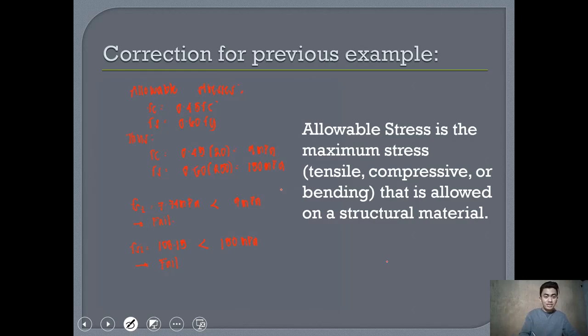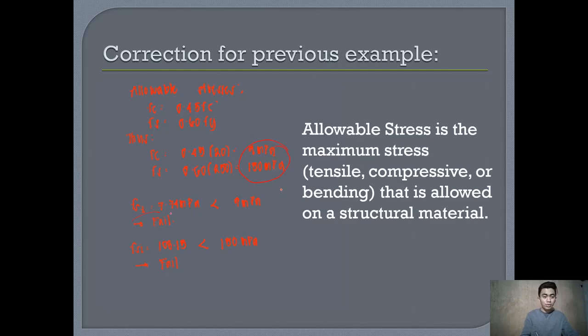Our allowable stresses are, for your concrete, FC, 9 MPa, and for steel, FS, 150 megapascal, right? Those are the allowable stresses, which means we cannot exceed these values.